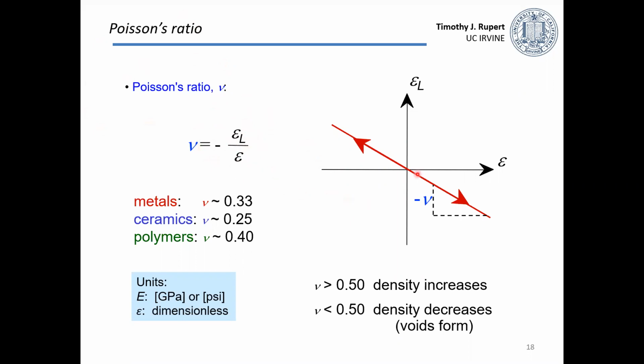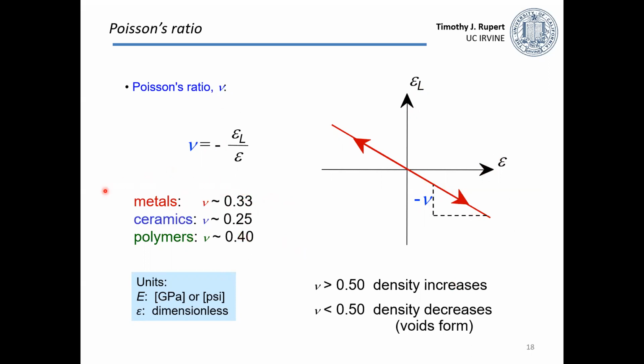Okay. So as I go to the right to positive applied tensile strain, my lateral strain is negative because the sides are coming in. And I just use that negative to make the value be a positive number to simplify my life.